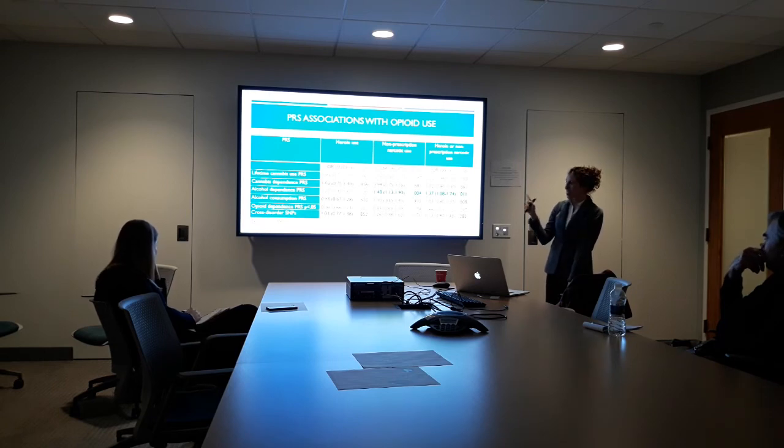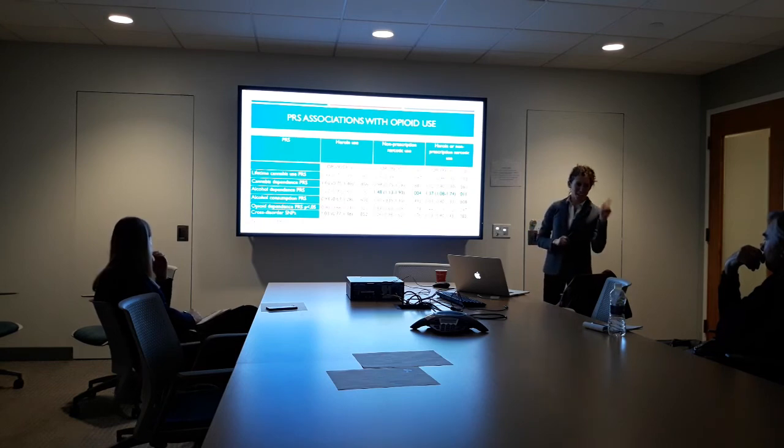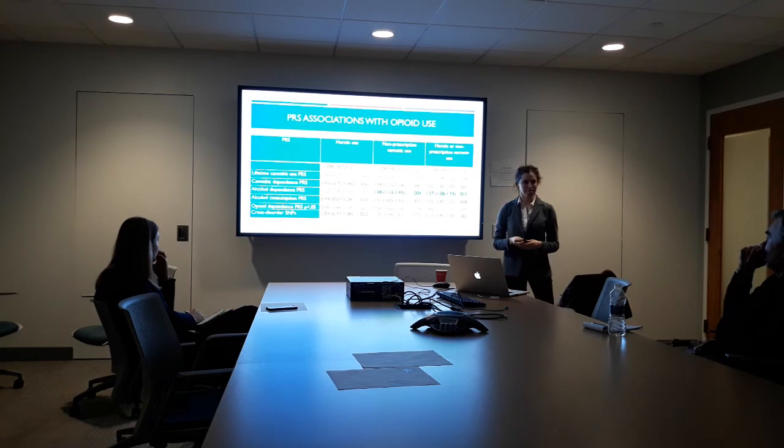Yes, this was the African American GWAS, and then they did a trans ancestry GWAS as well. I ran that 2 days ago and didn't include it in here, but that was also not significant.